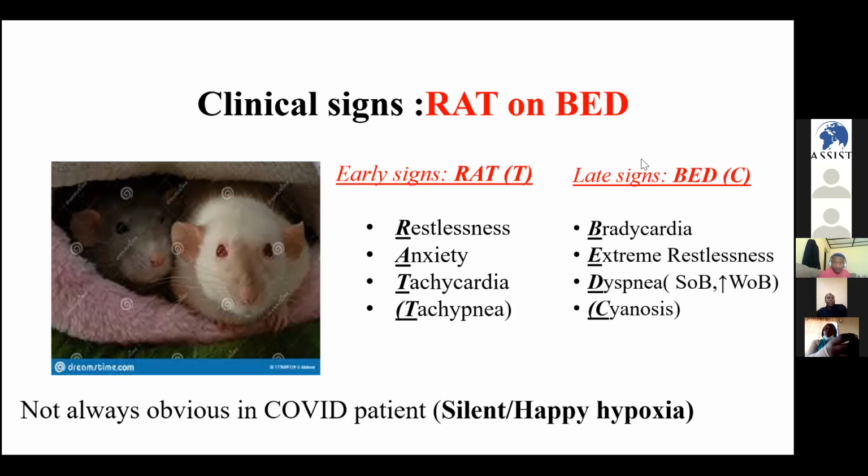At 75% on room air, patients may be able to talk in complete sentences, which is not the case in the usual pneumonias, like bacterial pneumonia. So you have to rely on this quick tool, the pulse oximeter, to detect hypoxemia earlier in patients with COVID-19. Next slide, please.